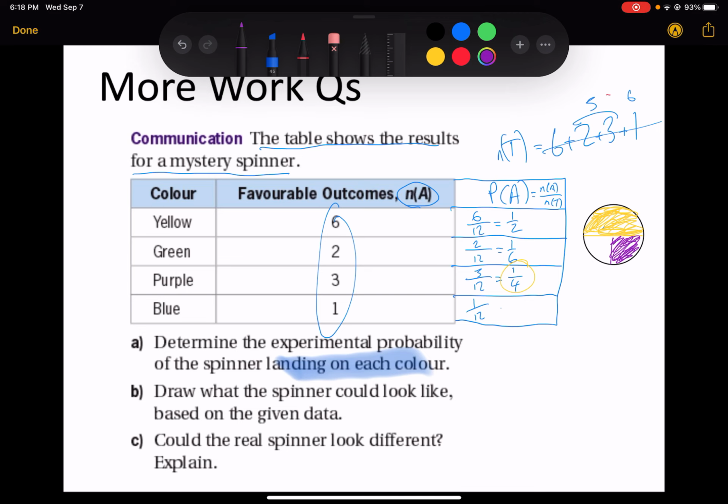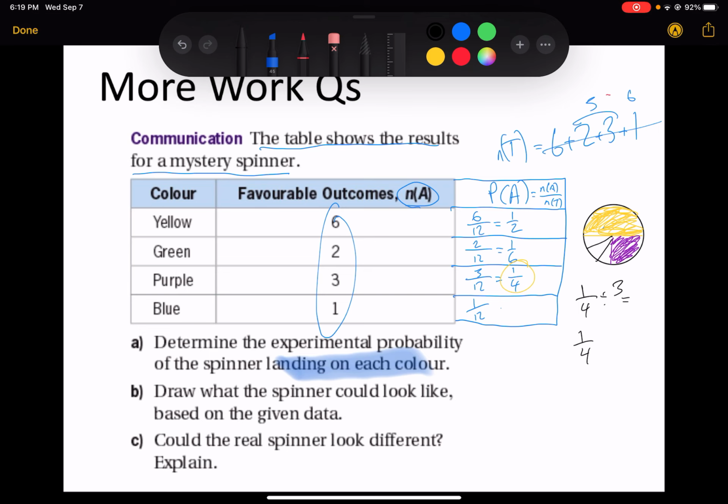So essentially how that works is, well, what's 1/12? If we divide a quarter into 3 sections, a quarter divided by 3, what do we end up getting?